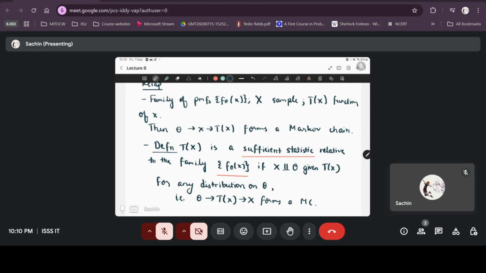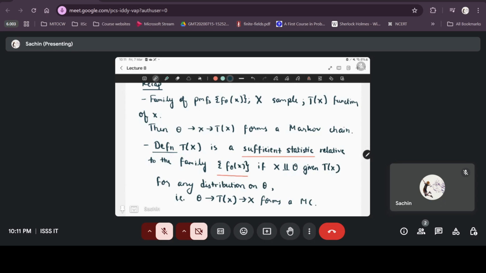In practice, you don't know the distribution theta, so you take a sample.